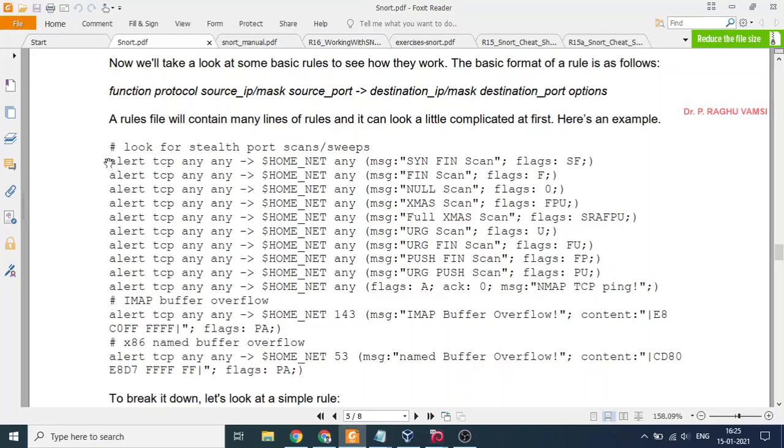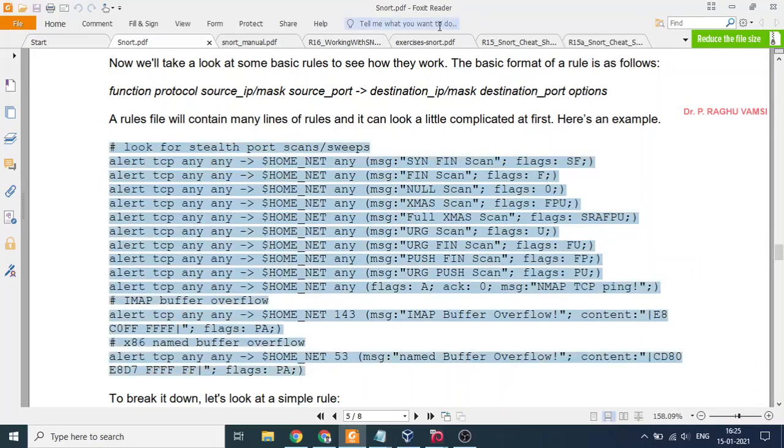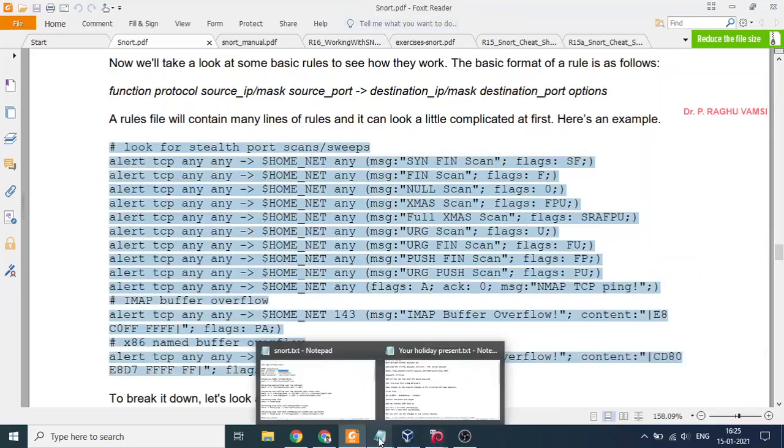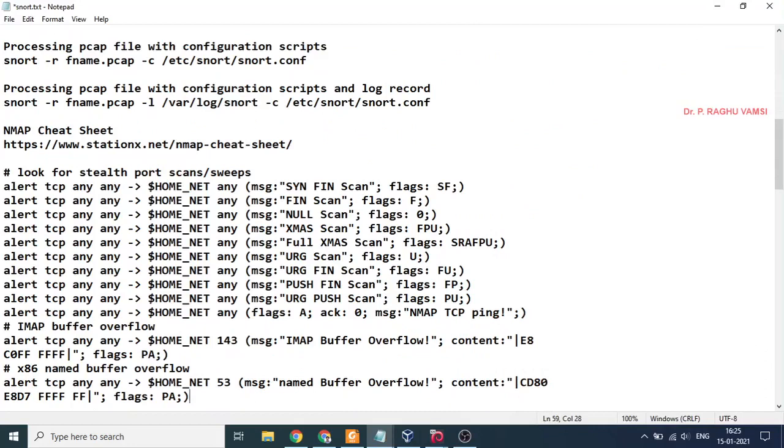Now we may copy this and we can also place it in our rules. So here are some examples. For our convenience, we can do it like this and copy here.